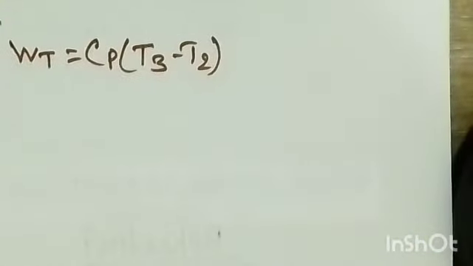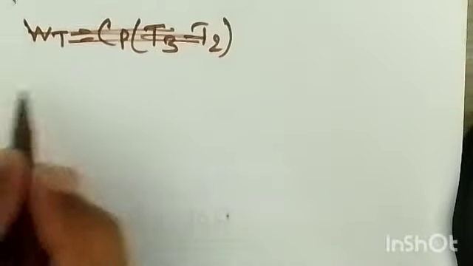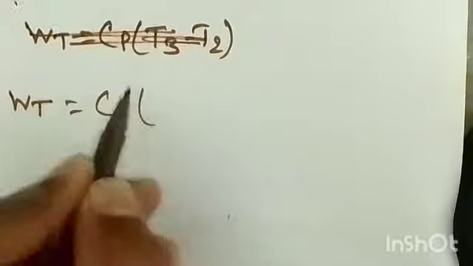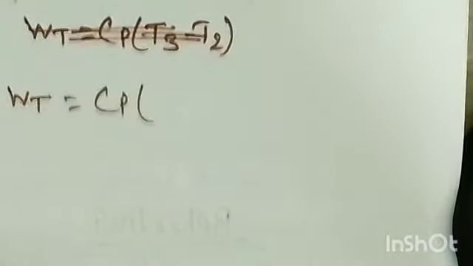So the turbine work is equal to Cp times the work in the high pressure turbine plus the work in the low pressure turbine.